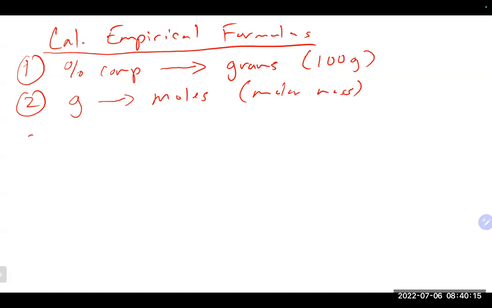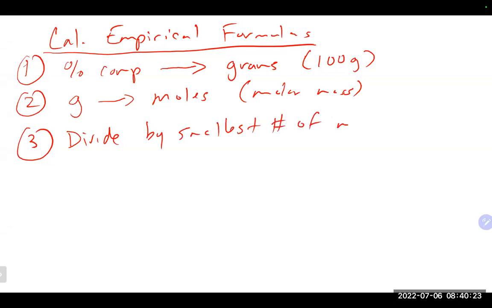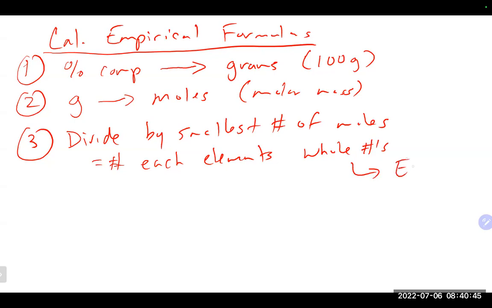Once we have that, we want to divide everybody by the smallest number of moles. And when we divide by the smallest number of moles, that will give us numbers for each of the elements. If those numbers all hit whole numbers, or are very, very close to whole numbers, then that would be your empirical formula.